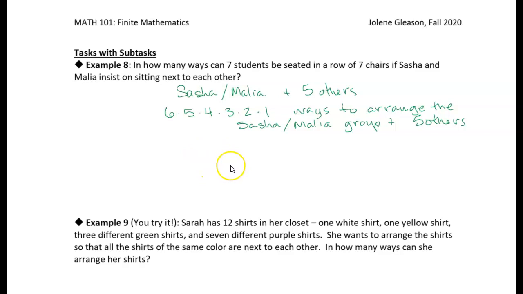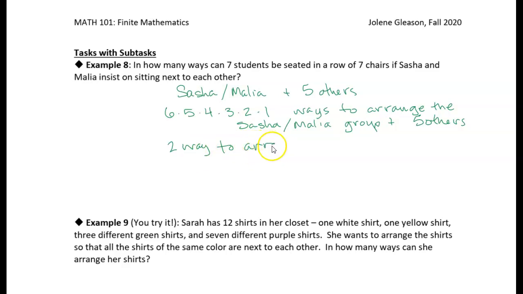The one thing you have to keep in mind is that we have to arrange Sasha and Malia as well. Even though they're one group, there are two people in it, and we could have Sasha and then Malia, or we could have Malia and Sasha. So we have 2 ways to arrange the Sasha and Malia group.